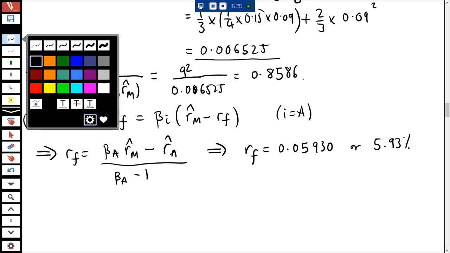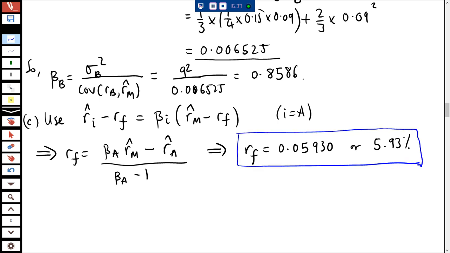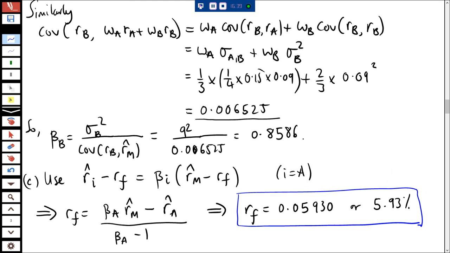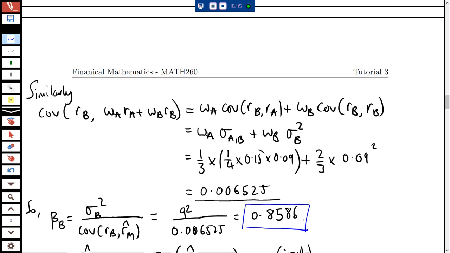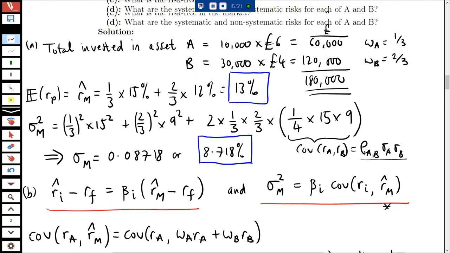Let's give it a colorful box. Actually, the others were quite hard work. Let's box them up. You can find them easier. That's beta of B. That's the beta of A. Okay, so we got the risk-free rate.